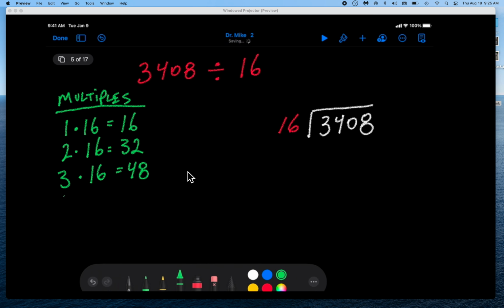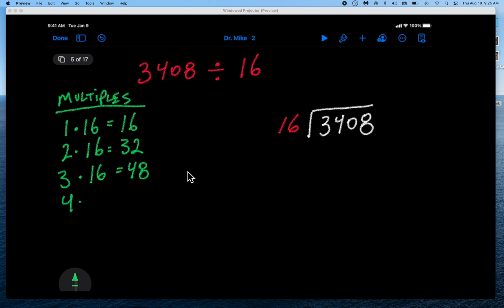Okay, I happen to have them listed here just for the sake of time, but you would be charged with going ahead and completing all these different multiplication steps. And that's good practice.